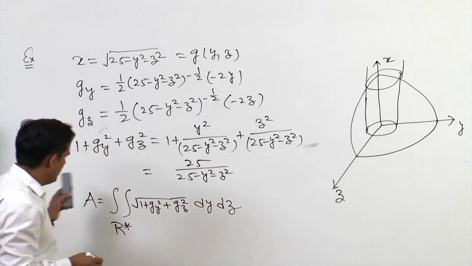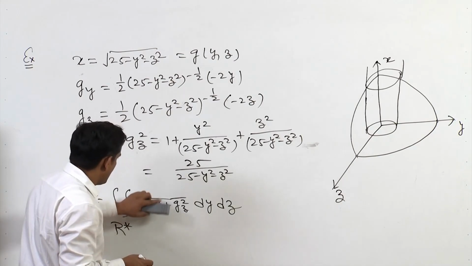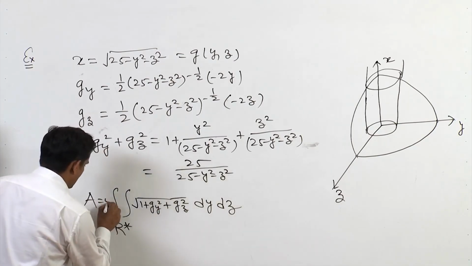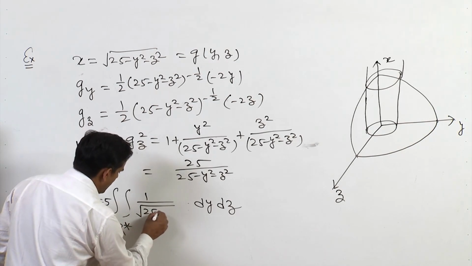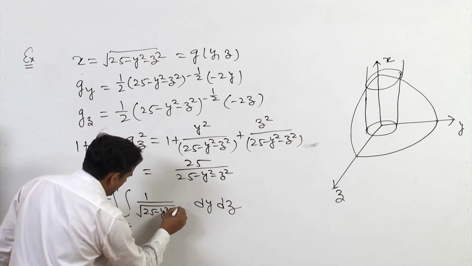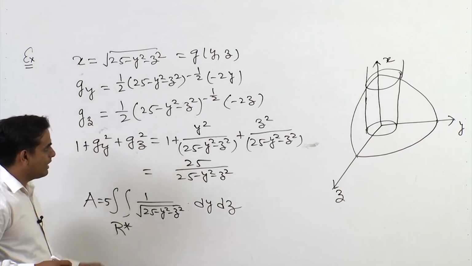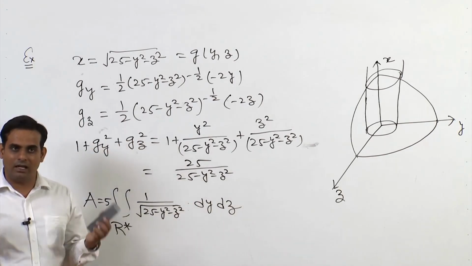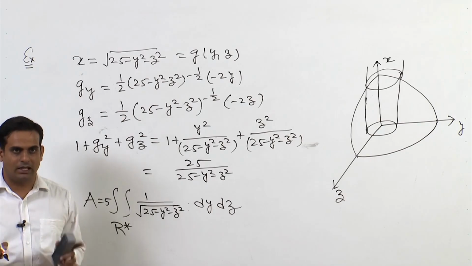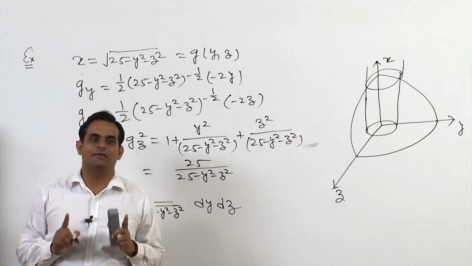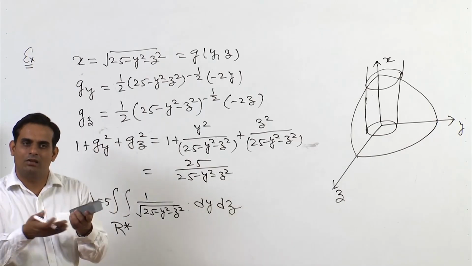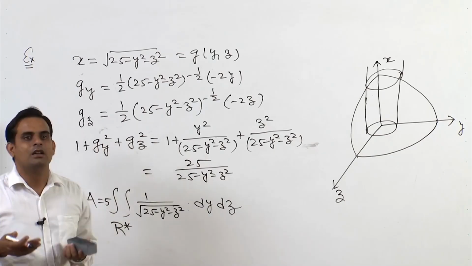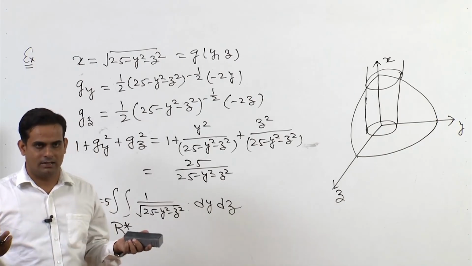When we solve it, 5 I can take out, 1 upon square root 25 minus y square minus z square. And now r star will be the circle of radius 3, because the cylinder equation is y square plus z square equals 9. So, the projection of this cylinder on the yz plane will give us a circle of radius 3.